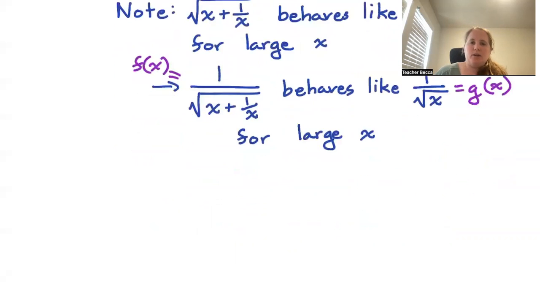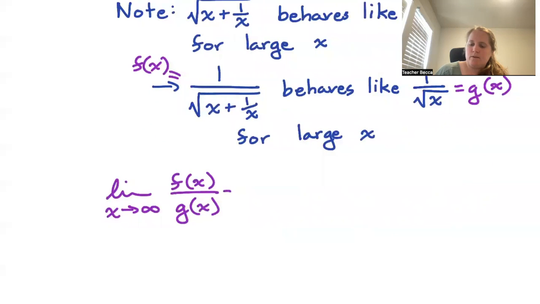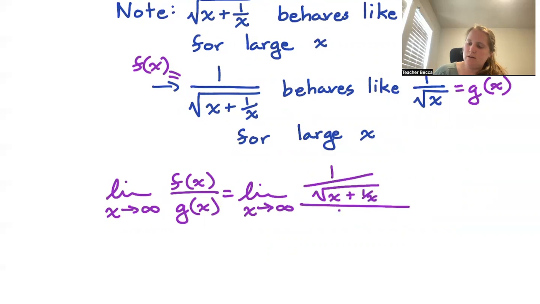If we look at our limit, we have the limit as x approaches infinity of f of x over g of x. That is the limit as x approaches infinity of 1 over the square root of x plus 1 over x divided by 1 over the square root of x.